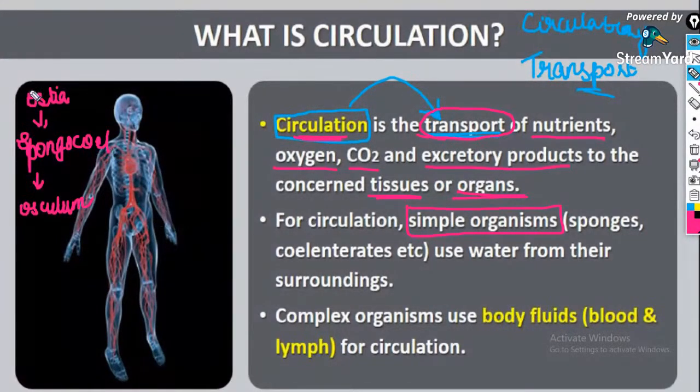So ostia to spongocoel to osculum is the path of water transport, the water canal system in sponges. Do you remember all these things?